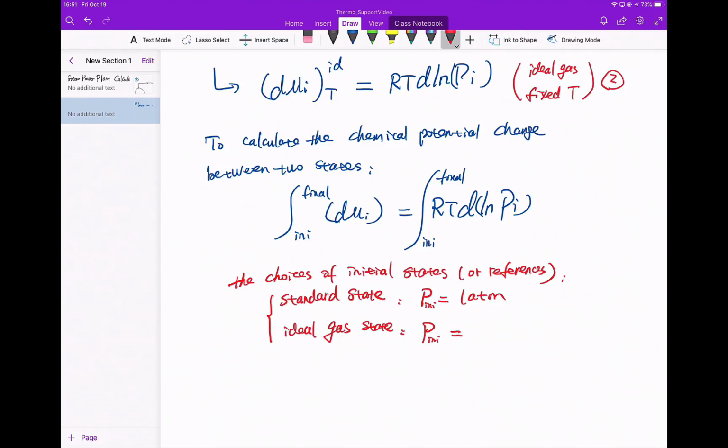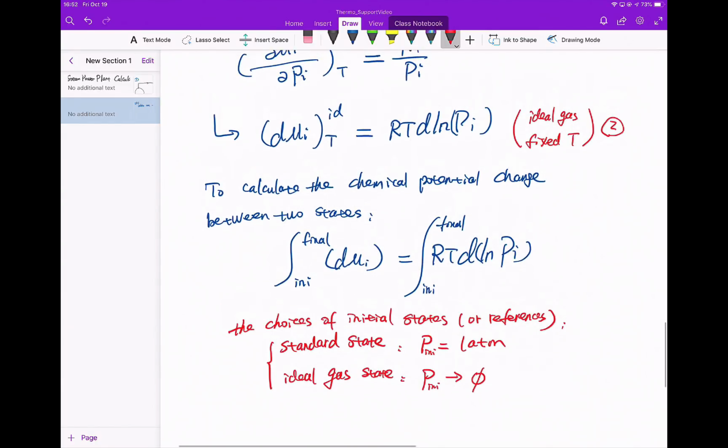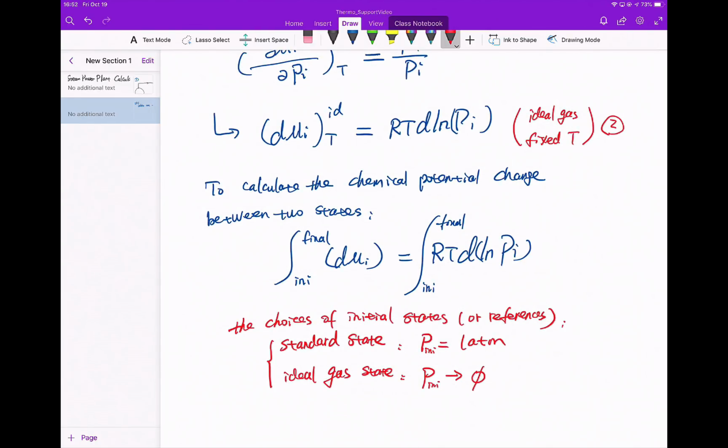Should be 0 or as low as possible. How about the temperature? We don't specify the temperature values in order to pick up the initial states, but you can see that the equation so far we are talking about is always at fixed temperature.